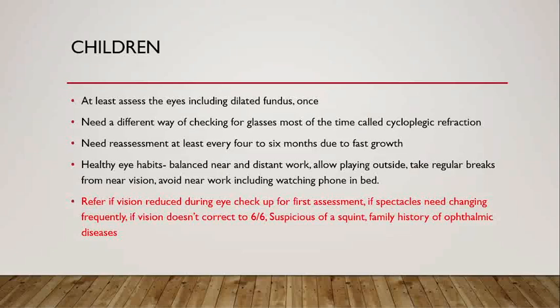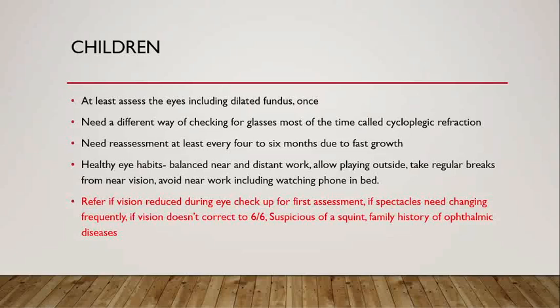In children, it's important to assess the dilated fundus, at least at the beginning, to make sure there's nothing else wrong apart from the refractive error. And you do a cycloplegic refraction, where you relax the ciliary body, because children have high accommodative power. Accommodation is the ability to change focus from distance to near.